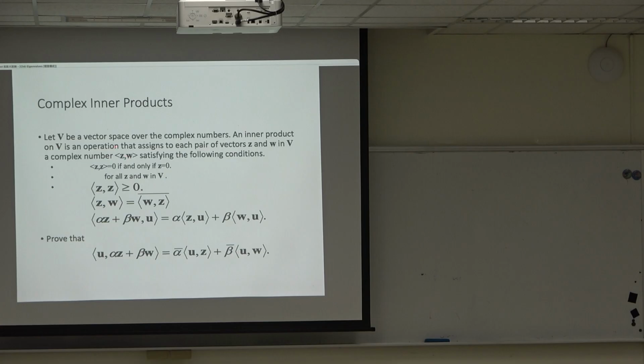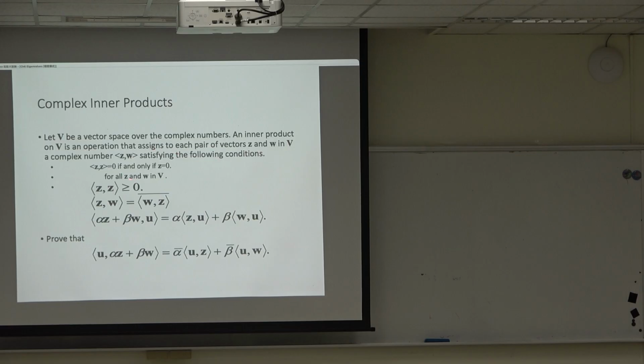once we define that, we call that a complex inner product. Let V be a vector space over the complex numbers. An inner product on V is an operation that assigns to each pair of vectors Z and W in V a complex number, Z inner product W, satisfying the following conditions. First, Z inner product Z is 0 if and only if Z is 0.